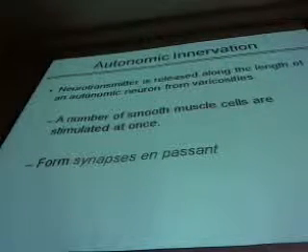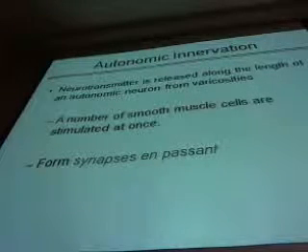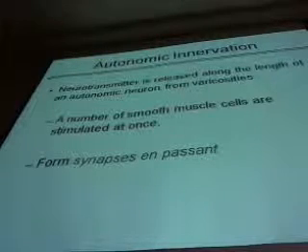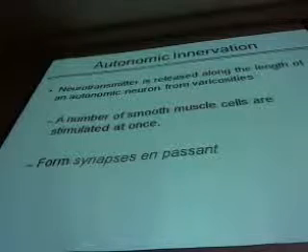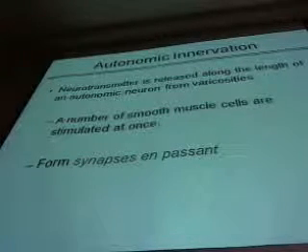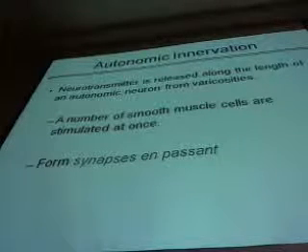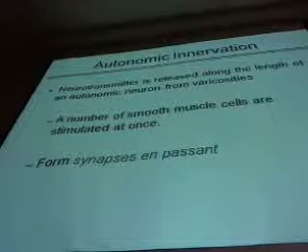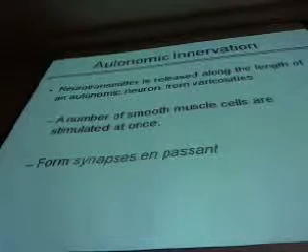Autonomic innervation: neurotransmitter is released along the autonomic neuron from varicosities. I think that was a question on your test. A number of smooth muscle cells are stimulated at once. Synapse en passant, autonomic, fight or flight syndrome. When one goes, boy, they all go, in your sympathetic system.